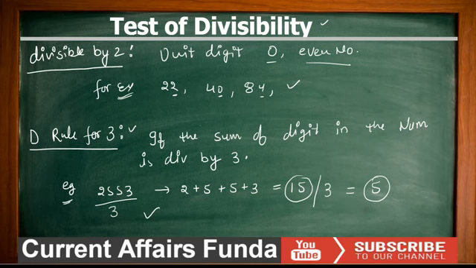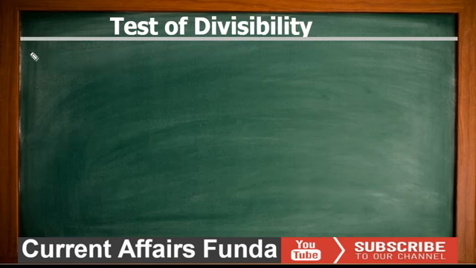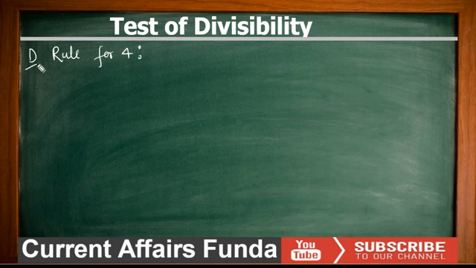Okay, see guys, next divisibility rule for 4. This D denotes divisibility. I am not writing the whole word, D stands for divisibility. Now see the divisibility rule for 4.